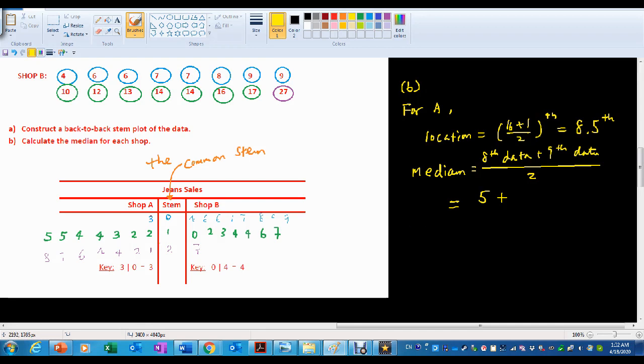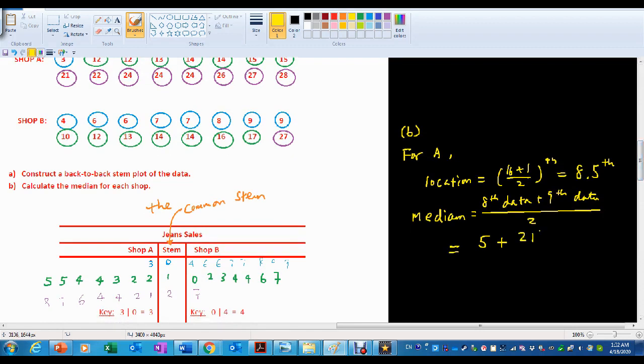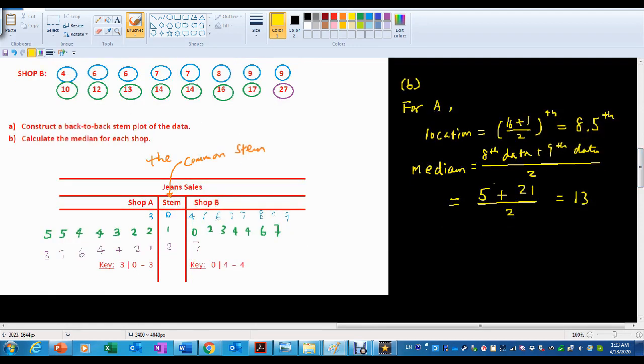Let's see if that's really the case. Yeah, 21. All right, and we need to divide by 2, so that should be 13. So the median is 13, right?